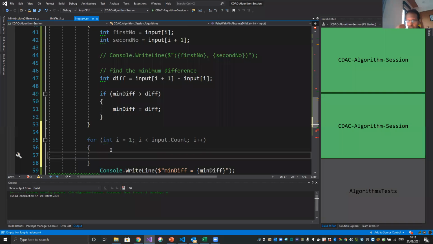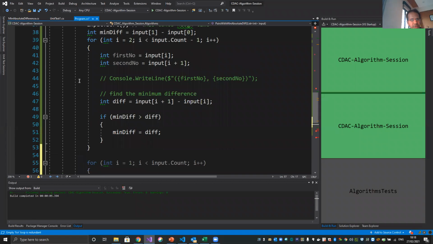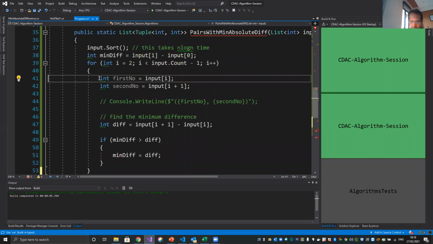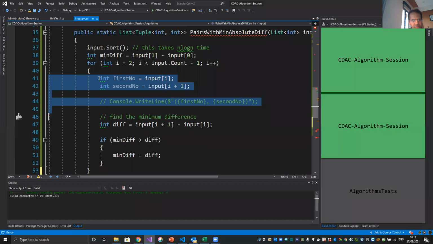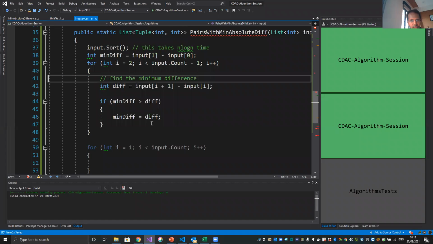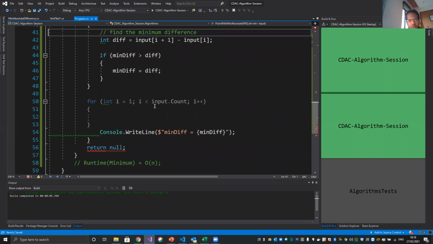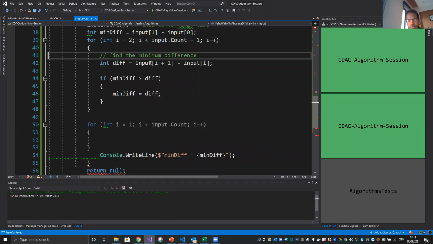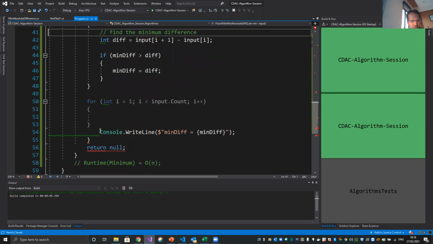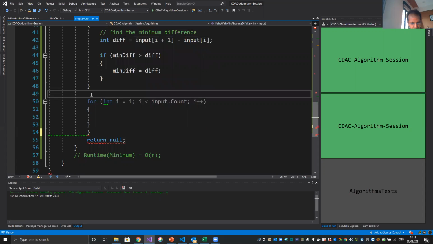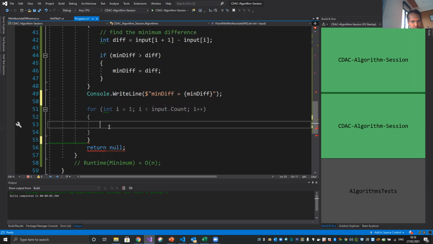Why we didn't use it, because they were really not needed. I just did this to explain that concept, just wanted to show that we have the pair. The pair is basically input I plus 1 and input I.